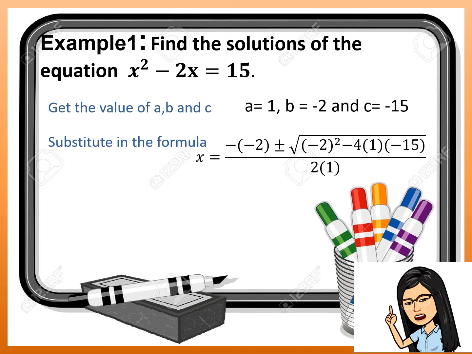The square root of the square of b, which is negative 2 squared, minus 4 times the value of a, which is 1, times the value of c, which is negative 15, then divide the result by 2 times the value of a, which is 1.